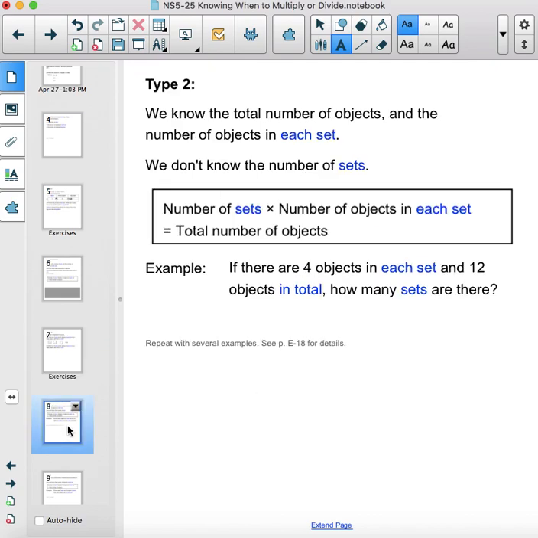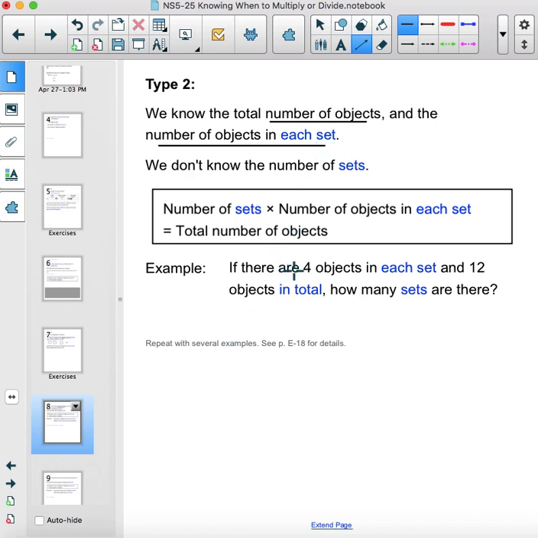Our next type of question is we know there's a total number of objects. So now this time we know the total number of objects and the number of objects in each set, but we don't know the number of sets.